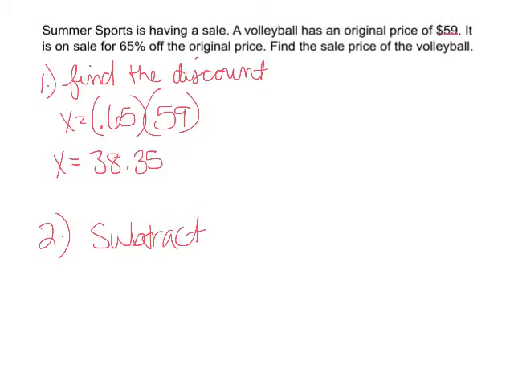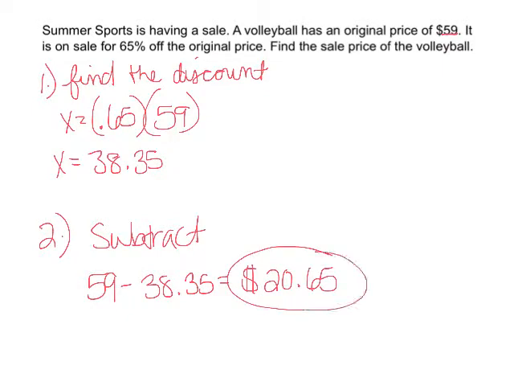So I'm going to subtract 59 minus $38.35 to get my new price. So it would be on sale for $20.65. So that would be my new price that I would pay. So you as the customer would pay $20.65.